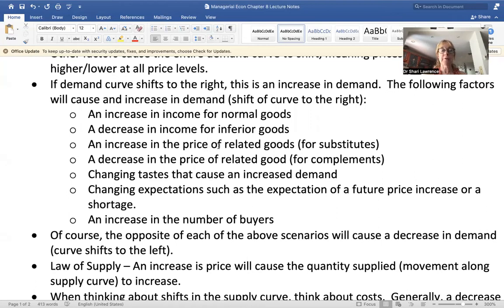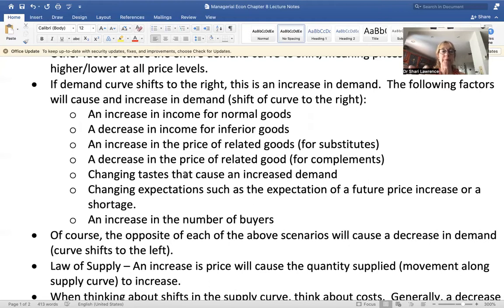If the price of a related good goes up, then the demand for the substitute will increase. If there's a decrease in the price of a good, the demand for its complements will increase. If people just through changing taste will demand more of the good, that's going to cause an increase in demand.